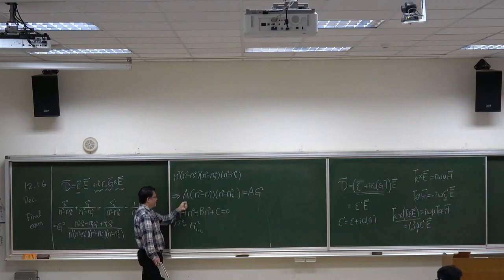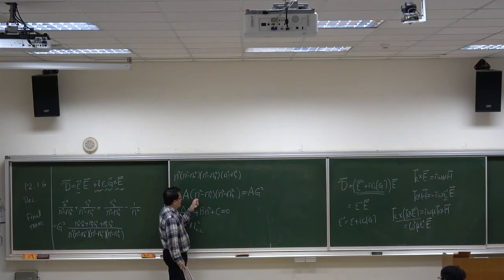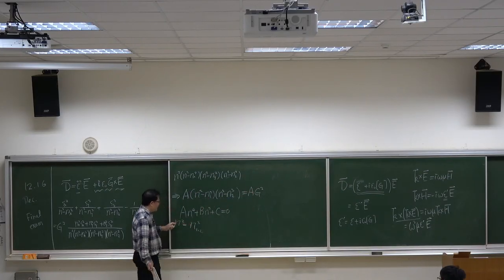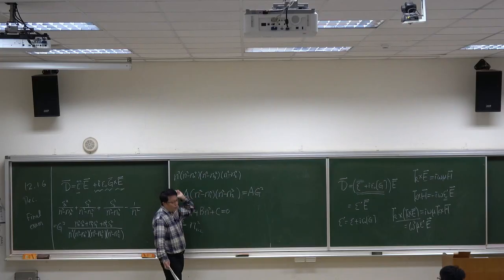We factor out this leading coefficient, and then the remaining terms are n squared minus n1 squared and n squared minus n2 squared equal to 0. So its solutions are n1 squared and n2 squared, and we can take the square root to get n1 and n2.